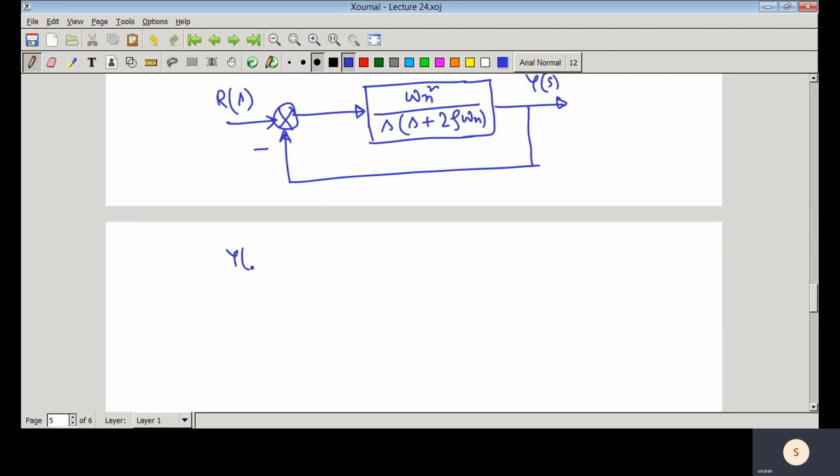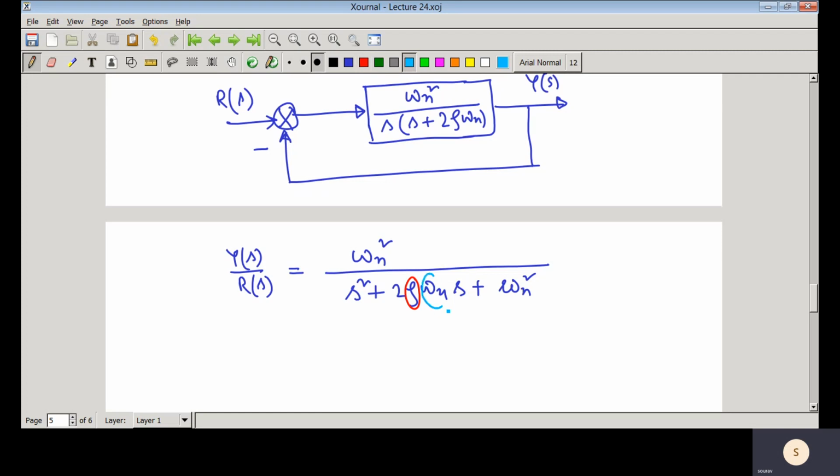Y(s) by R(s) would be, in standard normalized second order form, omega n square by (s square plus 2 zeta omega n s plus omega n square), and we have seen that this is characterized by two terms, zeta and omega n, the natural frequency and damping ratio.